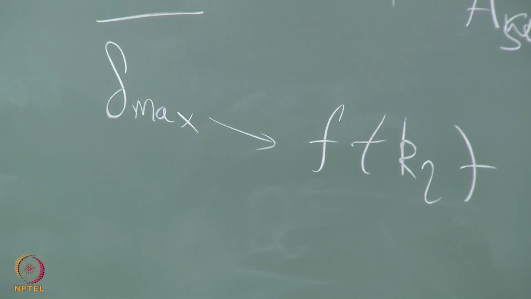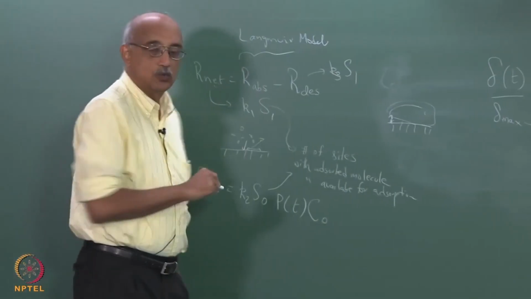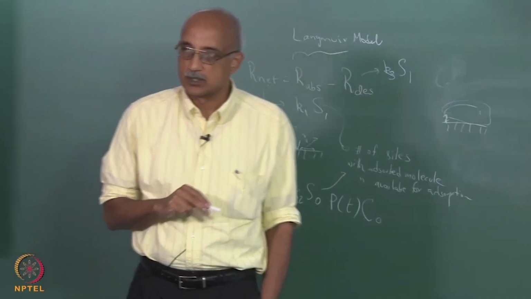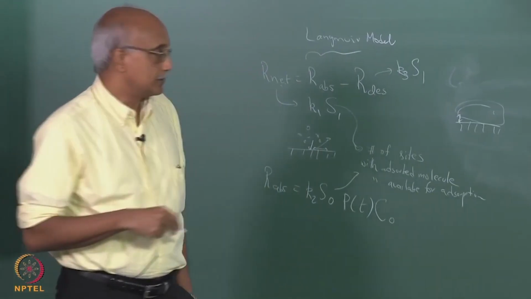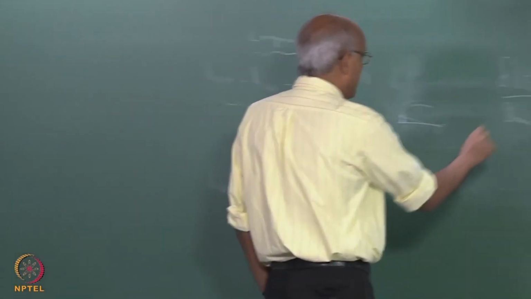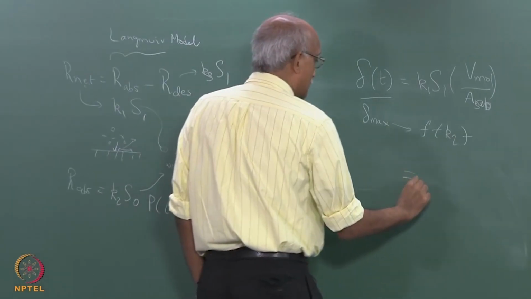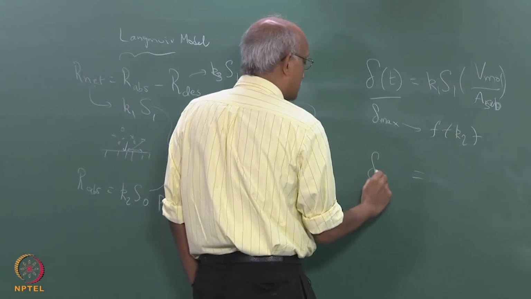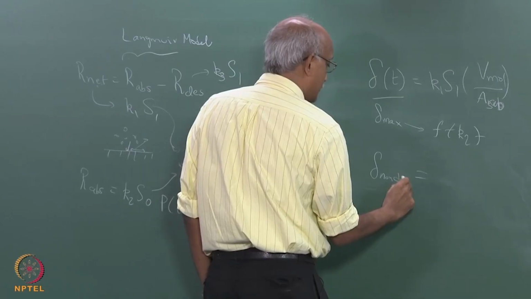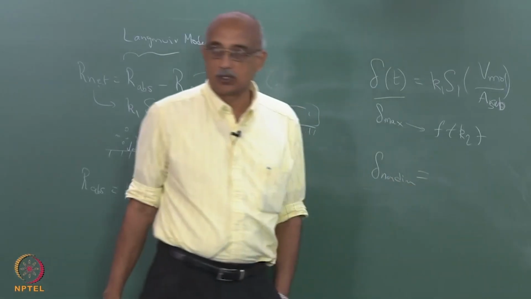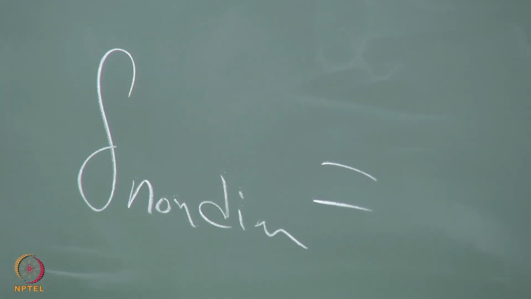In other words, you will assume that R absorption equals R net. So, that gives you the maximum value. So, if you take this parameter delta T over delta max, that gives you a non-dimensional value for film thickness.